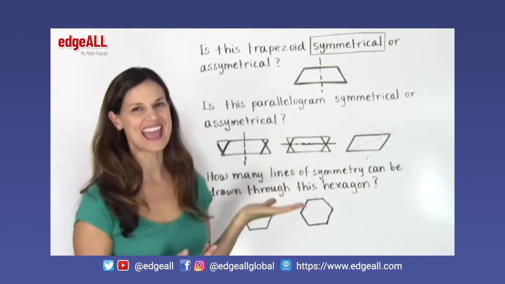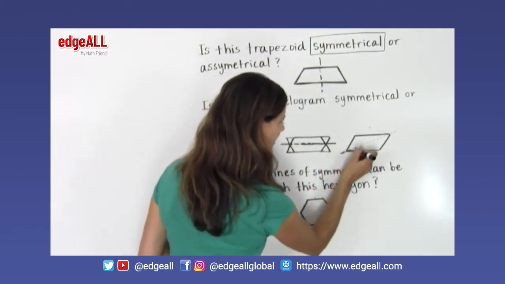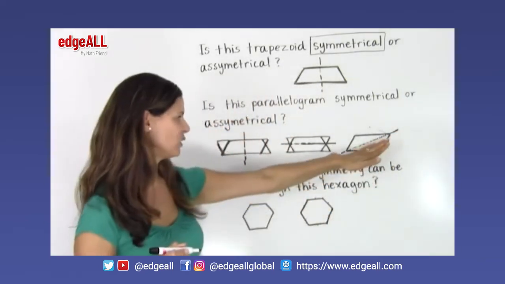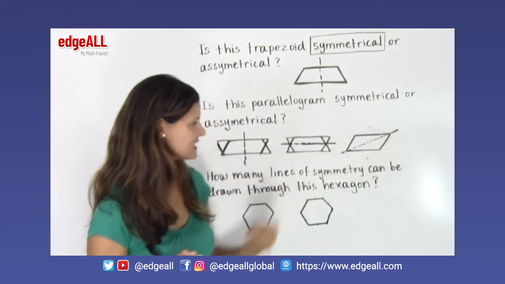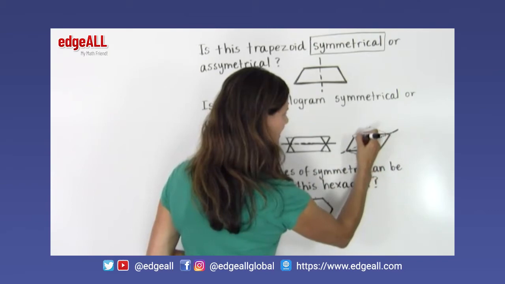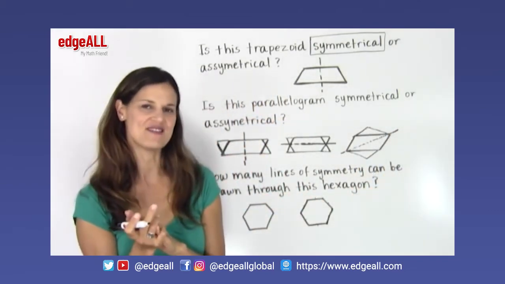And similarly again, as you might have guessed, if I draw a diagonal line through my parallelogram and try to fold my paper over and come this way, or try to see if I can come down and reflect this line over here, I end up with a shape that looks something like this and is not symmetrical. They're not mirror images of each other.